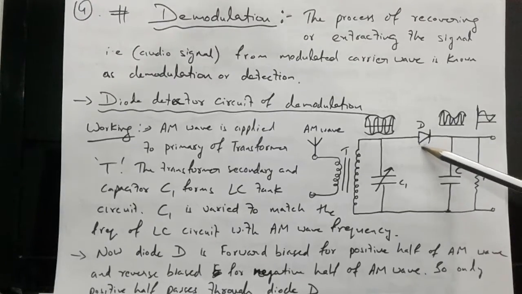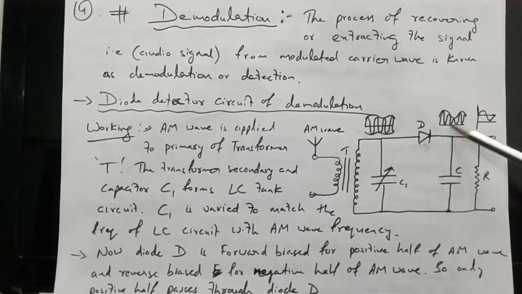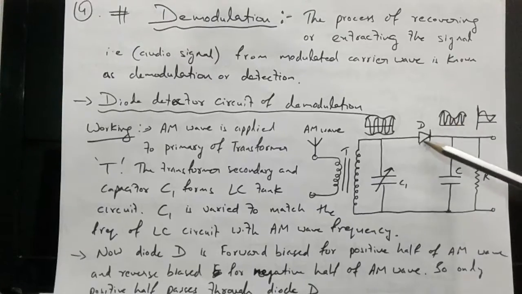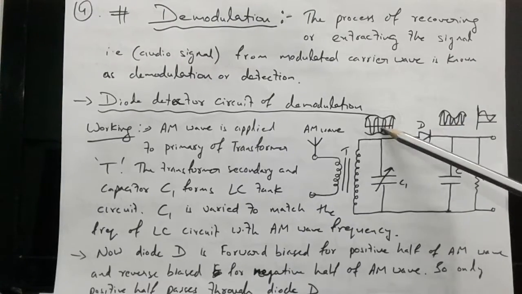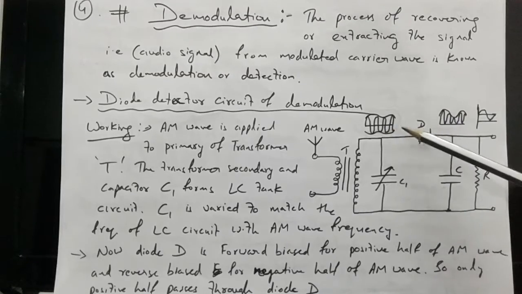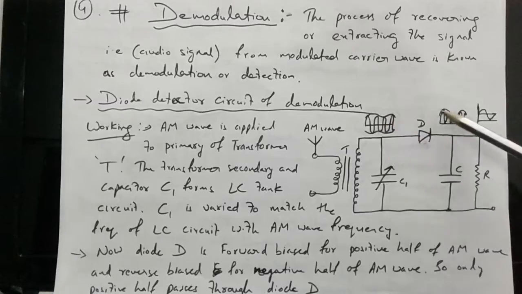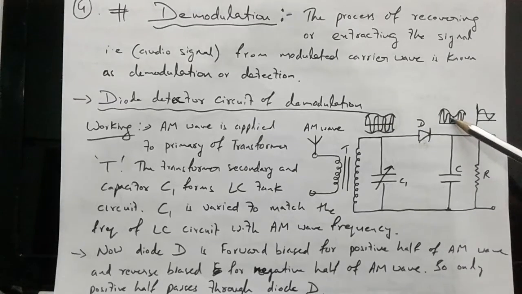So its resistance becomes very high. Therefore the lower part could not pass through this diode. Therefore after passing through the diode, the lower or negative part of this AM wave gets clipped, and we only have the upper positive part.